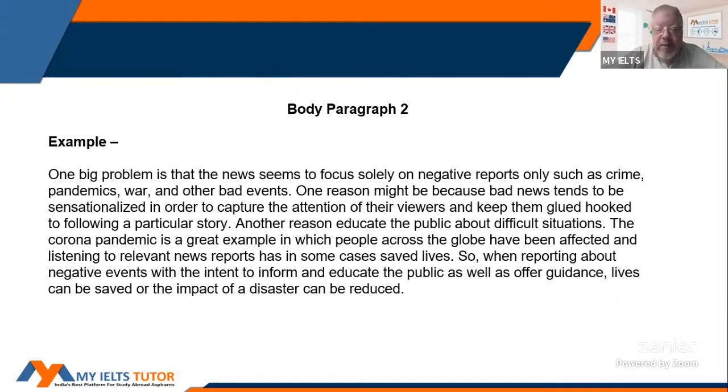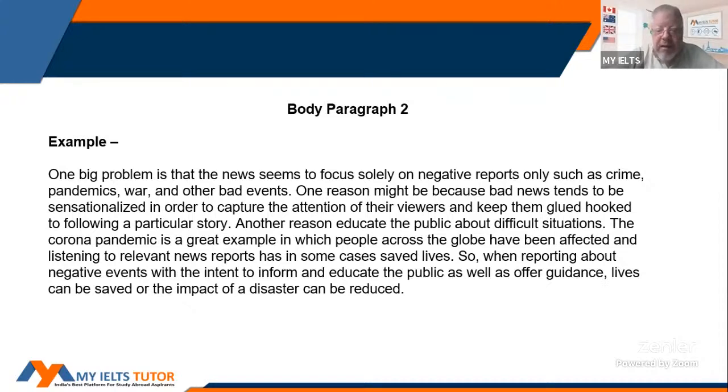The next sentence gives a reason, and then goes on to explain the reason. So here we're talking about sensationalism. Then we have another reason, to educate the public about difficult situations. That's the next reason. And then it gives an example of the COVID pandemic.